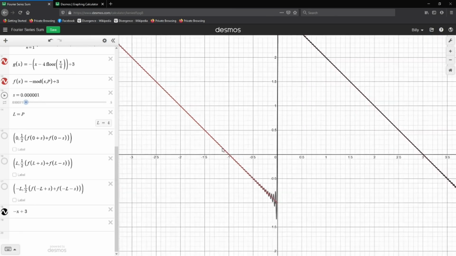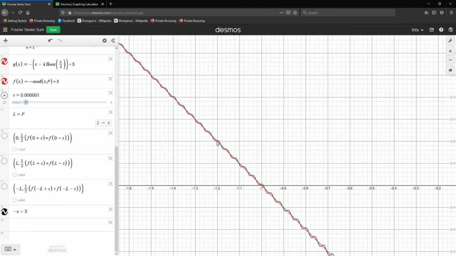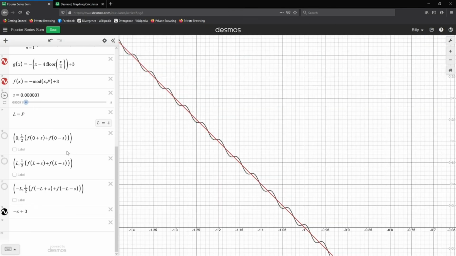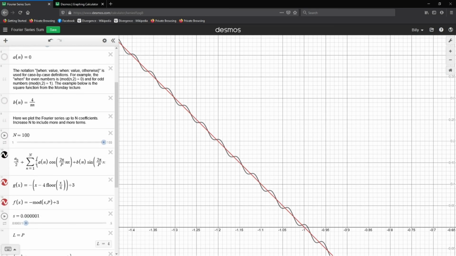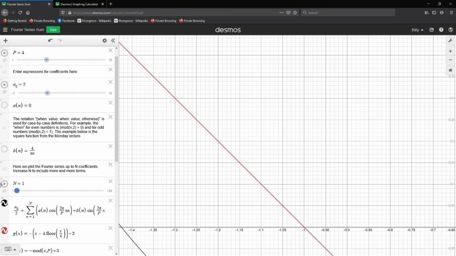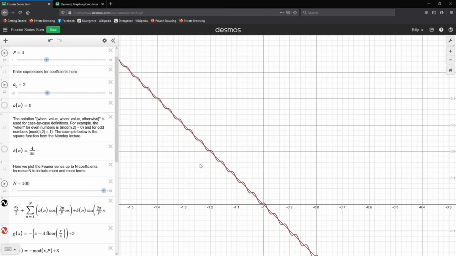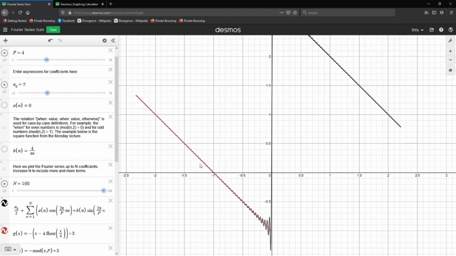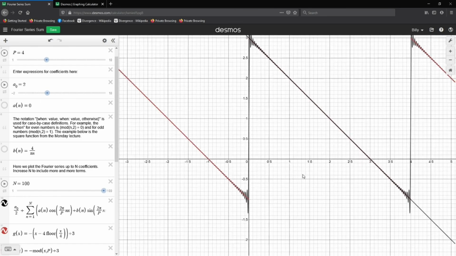If you zoom in very, very far, there is error, but as n gets larger and larger, this error is getting smaller and smaller. This is really incredible, and this is the heart of Fourier series and using Fourier series in signals analysis.